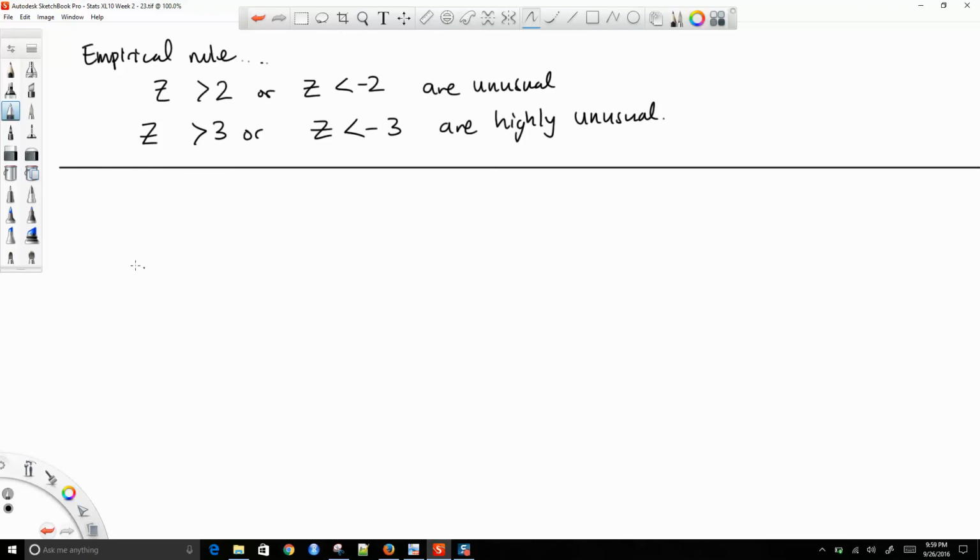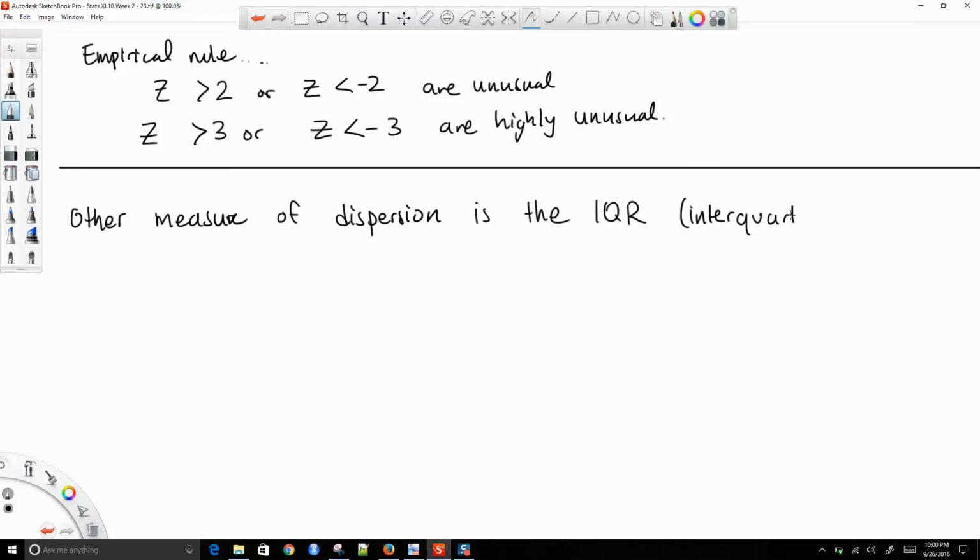Okay. We have the other measure of dispersion. So the first measure of dispersion was the standard deviation and variance, and the other measure of dispersion is the IQR, the interquartile range. Okay, and so the IQR, the interquartile range, is defined as the difference Q3 minus Q1.